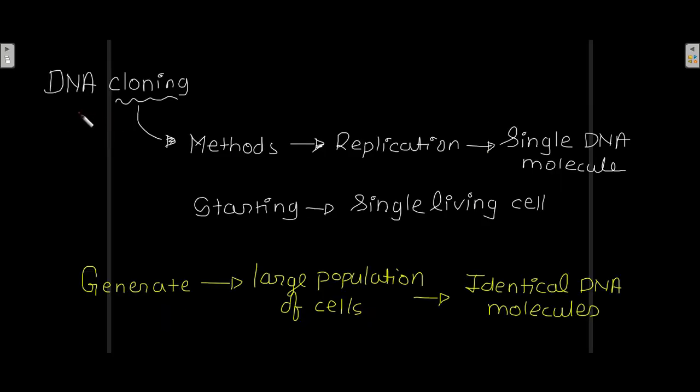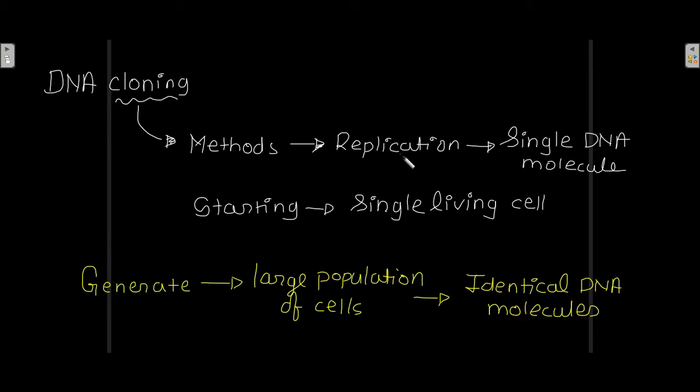Now, this DNA cloning term has the word cloning. This word indicates that the methods involved in this process consist of replication of a single DNA molecule starting from a single living cell, and then this generates a large population of cells with identical DNA molecules.